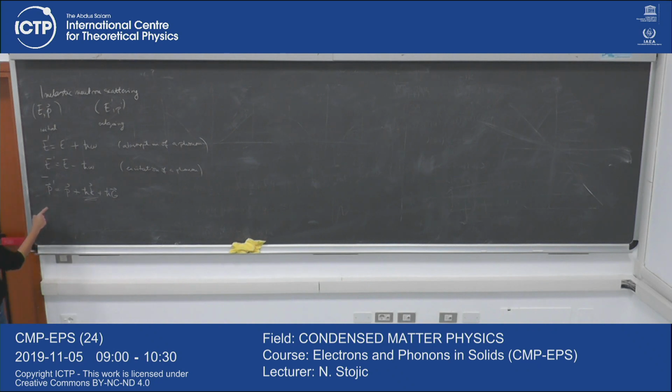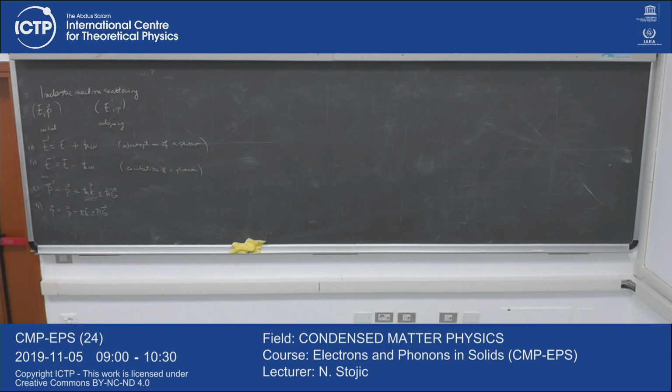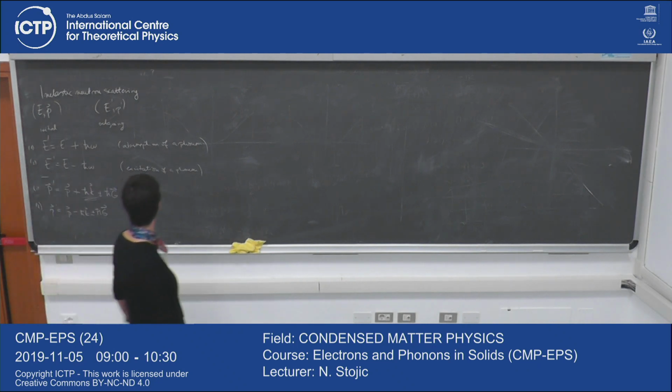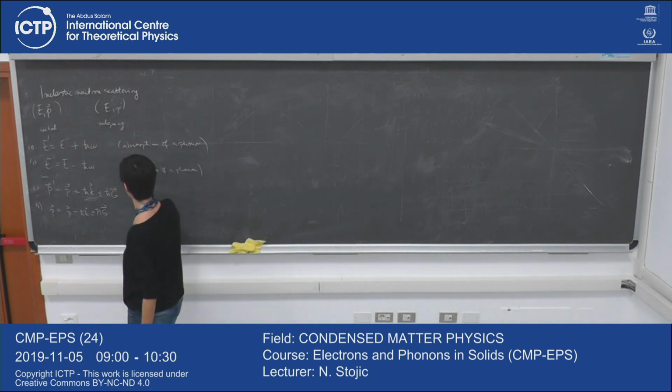So this is the case when the P prime is larger, it's absorption. And when it's smaller, this is plus minus essentially, which makes it a bit difficult to analyze. And the emission. And you can write it, excitation or emission, whatever you want.